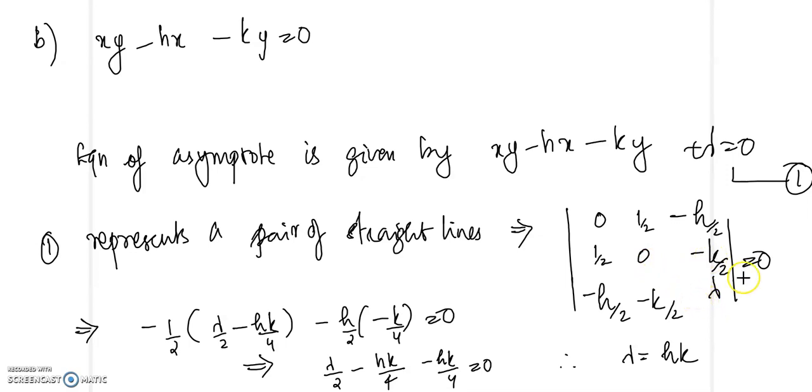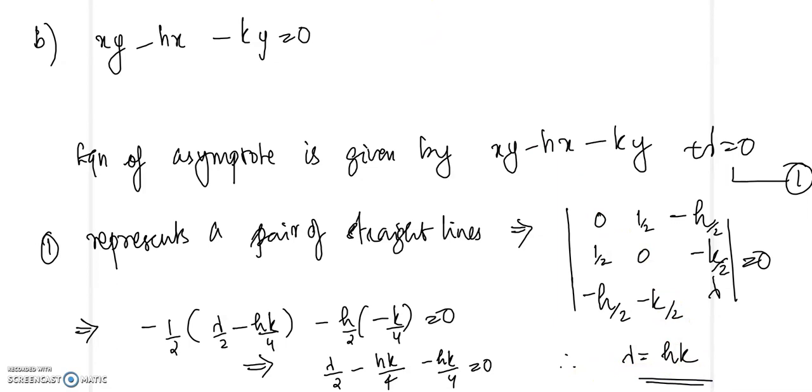So let us find the value of the determinant. We will have 0 into this determinant, then minus 1 by 2 into lambda by 2 minus hk by 4, then minus h by 2 into minus k by 4. Upon simplifying, we are going to get lambda equal to hk.